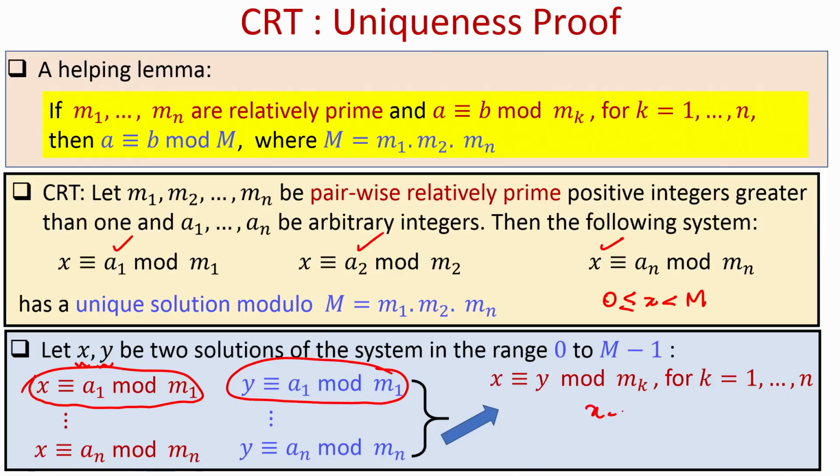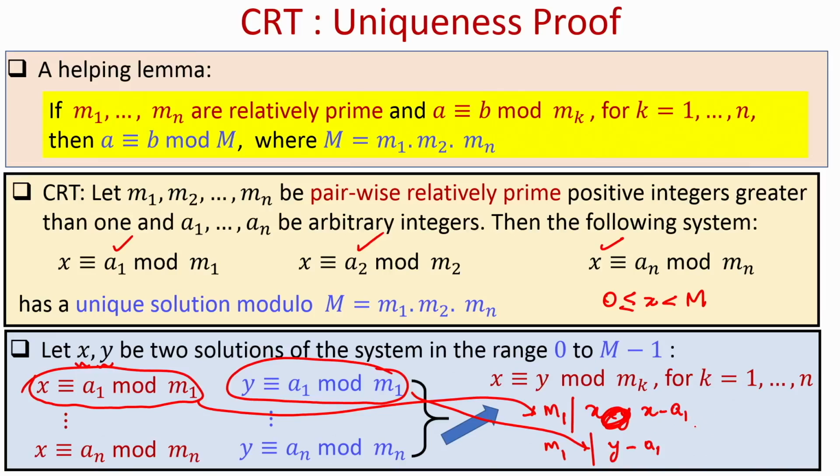If m1 divides x minus a1 completely, that comes because of the first linear congruence here, and this linear congruence tells me that m1 divides y minus a1, then I can say that m1 divides the difference of these two numbers as well, and the difference of these two numbers will be x minus y.